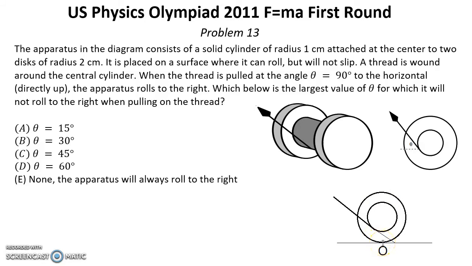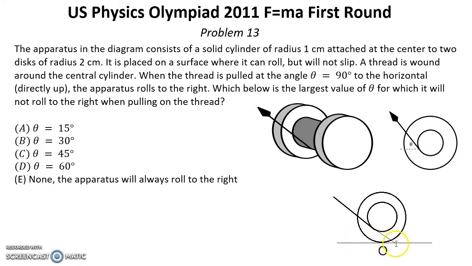Only the force of tension creates a counterclockwise or clockwise torque around this point. It means that everything depends on where this extension of the thread crosses the floor, to the right of point O or to the left.